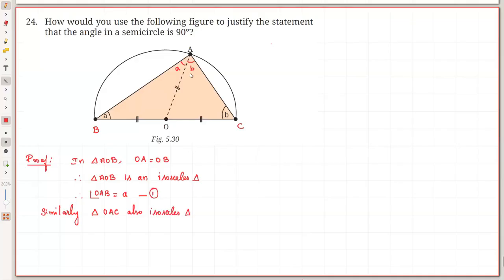Isosceles triangle base angles are equal. This is B, and this is also B. Therefore, angle OAC is equal to B. Second, now I'm going to consider triangle ABC, the big triangle.